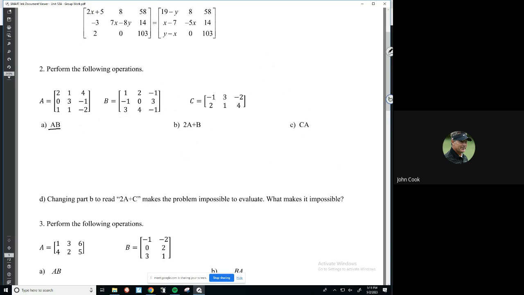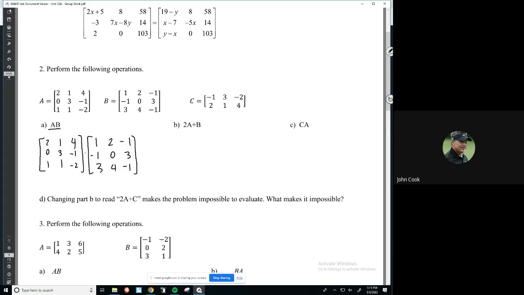So if I want to multiply A times B, I write them up: 2, 0, 1, 1, 3, 1, 4, negative 1, negative 2. And I want to multiply that by the matrix B: 1, 2, negative 1, negative 1, 0, 3, 3, 4, negative 1. Then I need to make sure their inner dimensions are the same.